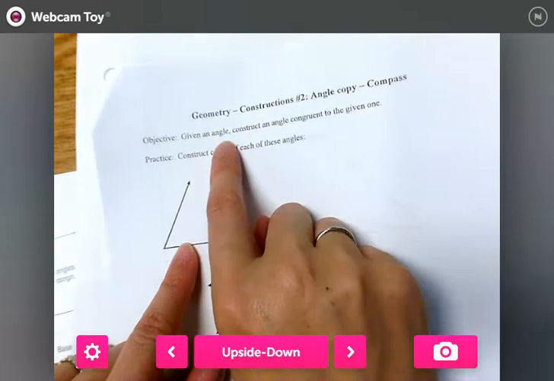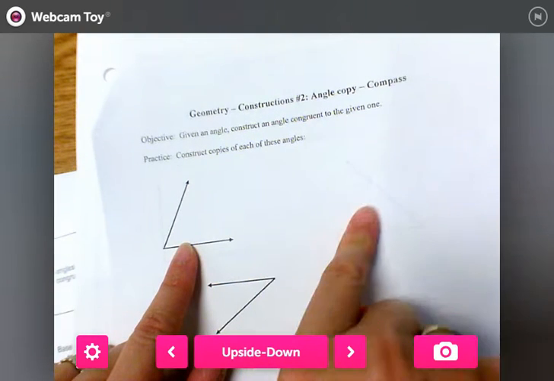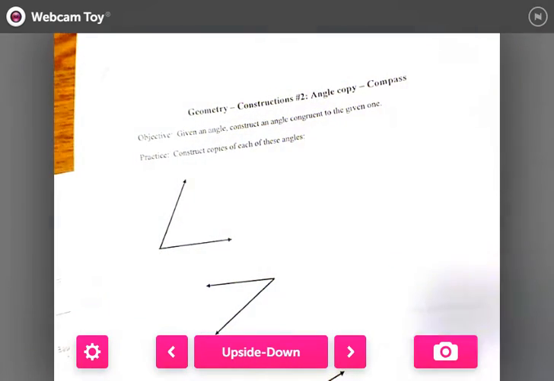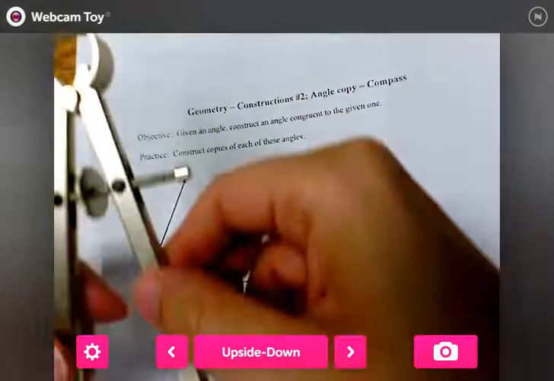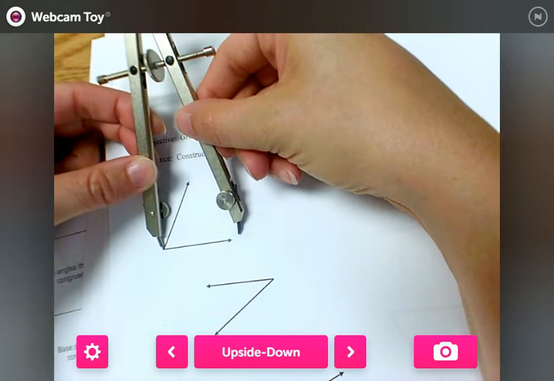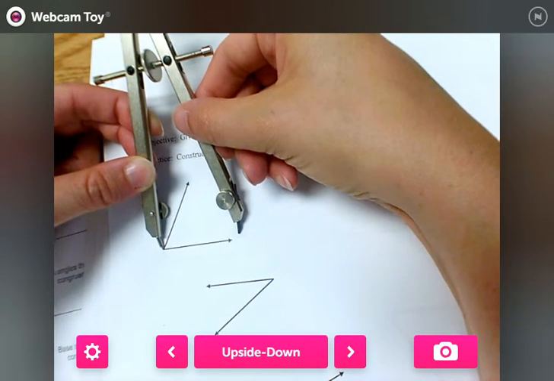So we're given an angle. We're going to construct a new one. Okay. So the first thing I want you to do is pick up your compass. I want you to put the pointy end on the vertex of the angle, or where the two rays meet.